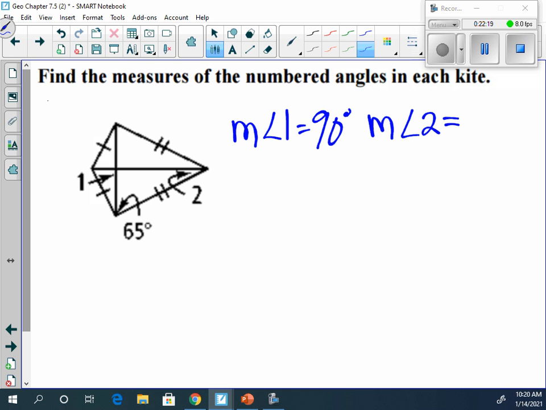Because again, the diagonals are perpendicular to each other, so they form right angles. That's kind of nice, isn't it? That should be an easy one to get, yes? All the angles in a kite where the two diagonals cross are going to be 90 degrees. Should be a nice one, especially if it shows up on the test. It will show up on the test.